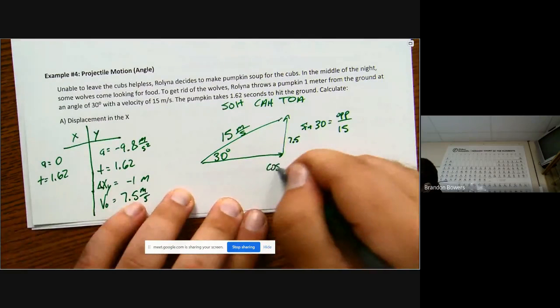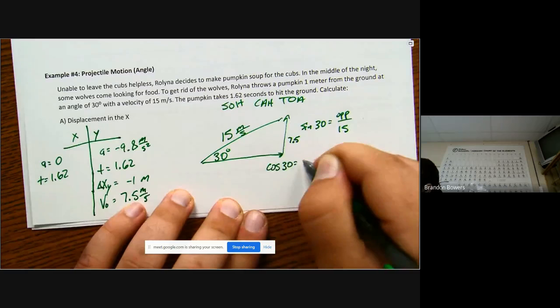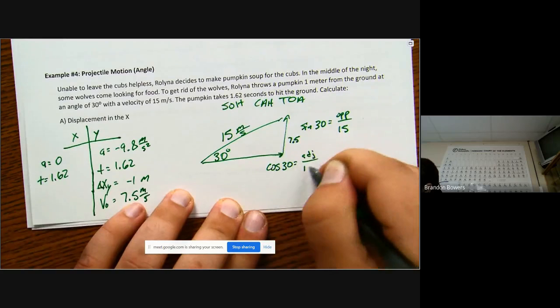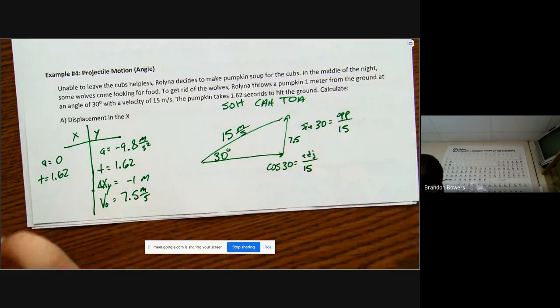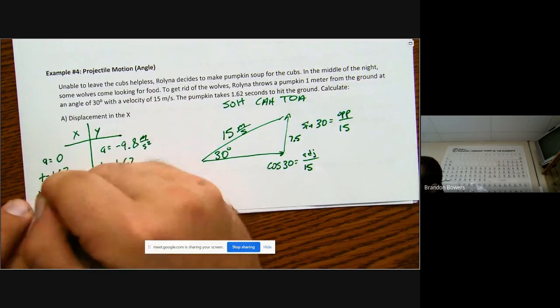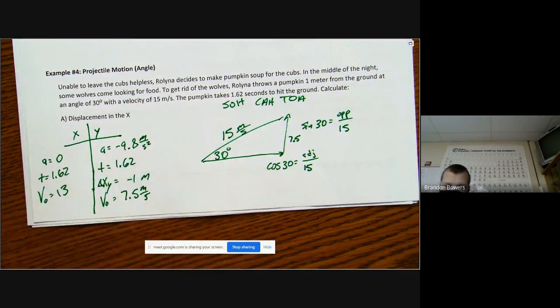Okay, so the cosine of 30 is equal to the adjacent over the hypotenuse. Cosine of 30 times 15. I got 12.99. I'm going to go with 13. Okay, initial velocity in the x direction is 13. Any questions on that so far?